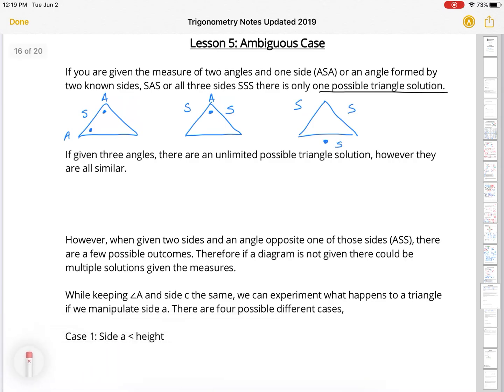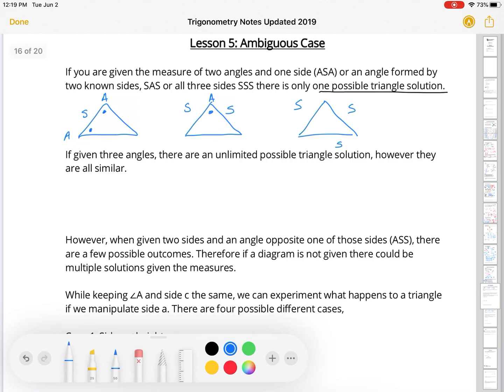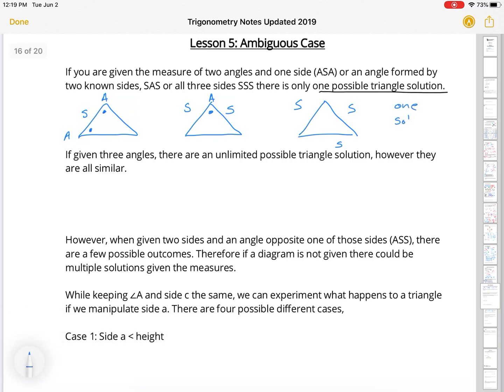But we don't know any of the angles, but we know all three of the sides. So if we have any one of these three situations, there is only one possible solution. And it's determined because those ratios are going to stay the same, okay?